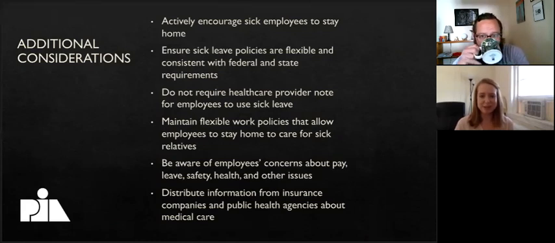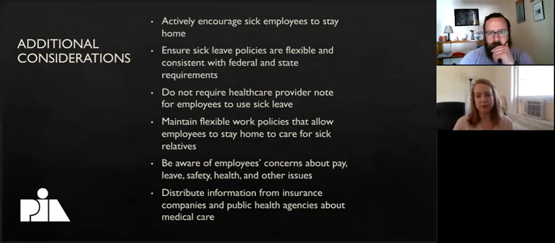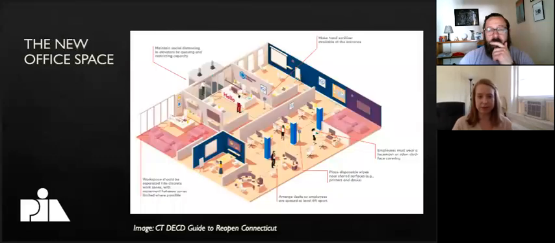And make sure to distribute information from insurance companies and public health agencies about medical care. Chances are, if you're an employer who's providing health care from your health insurance, you're getting information from the health insurance provider that you can then distribute to everyone in your office who at least is getting employer-sponsored health insurance. Even if they're not, it's useful information to have. So keep that in mind when you get those emails.